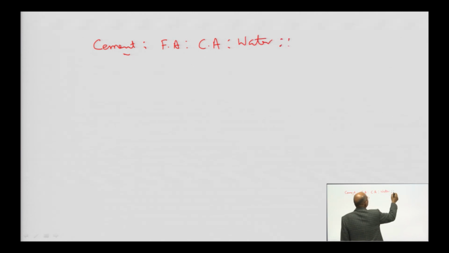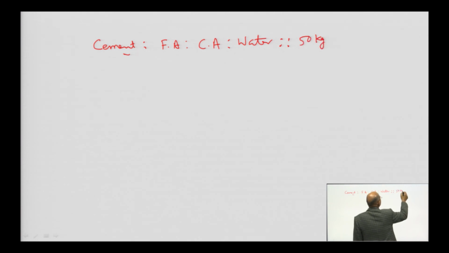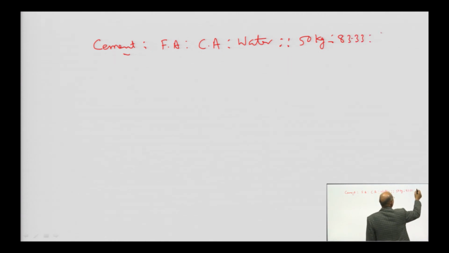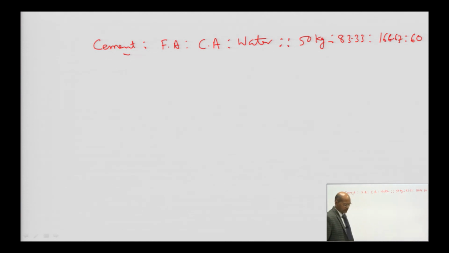So, what are the values we have got? Cement is 50 kg, fine aggregate is 83.33 kg, coarse aggregate is 166.67 kg, and water is 60 kg. Water is 60 kg. Okay.